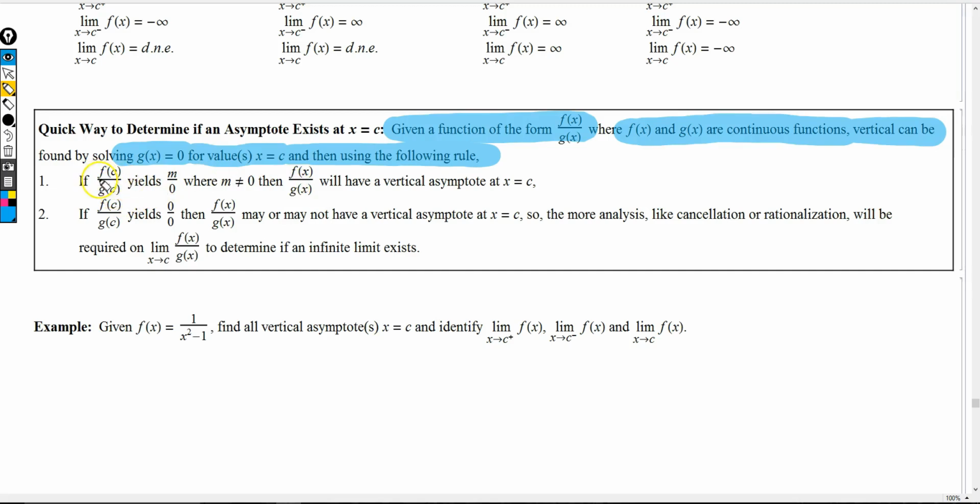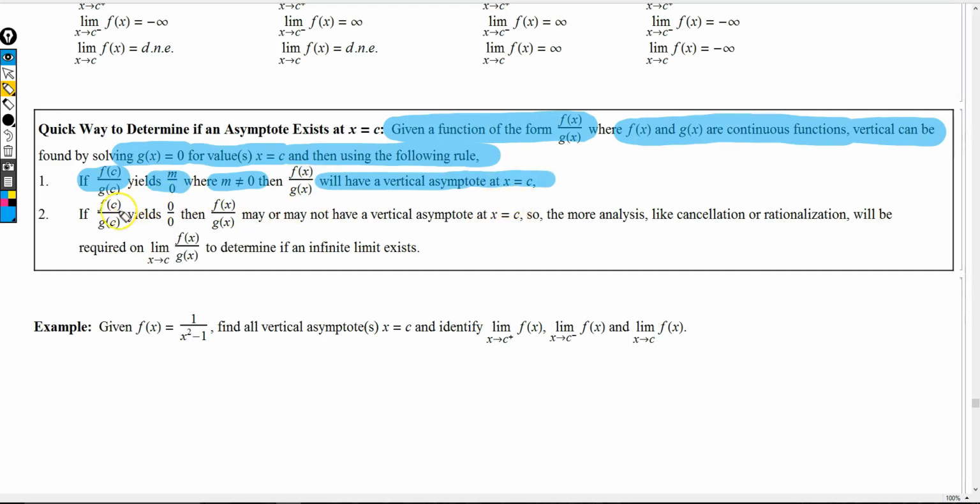Number one, you evaluate f of c divided by g of c. If you get a value back like m divided by 0, where m is a non-zero number, so something like 5 divided by 0, then your function will definitely have a vertical asymptote at x equaling c.